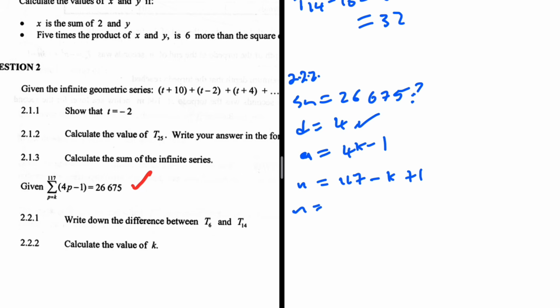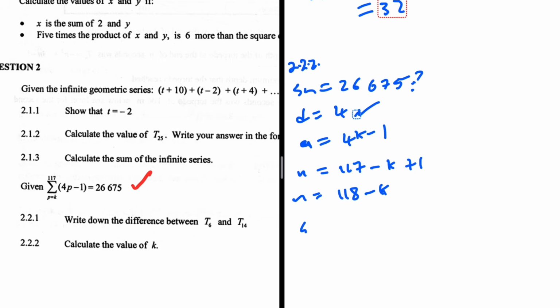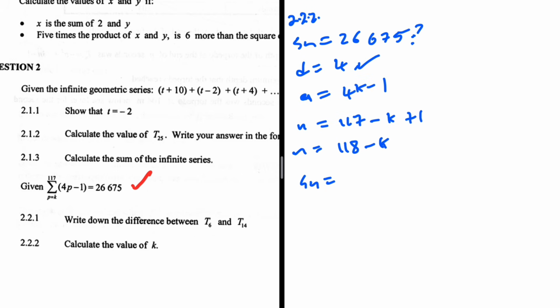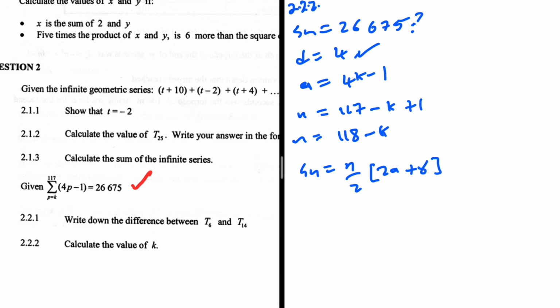So N is equal to 118 minus K. So I can set up my equation, therefore, Sn is equal to N over 2 multiplied by 2A plus N minus 1 multiplied by D, or plus L, where L is the last term. I think that is the easier way of doing it, because I know that the last term is 467.